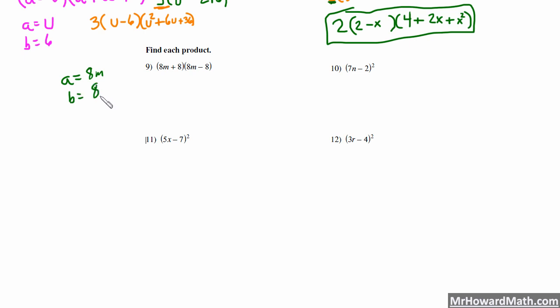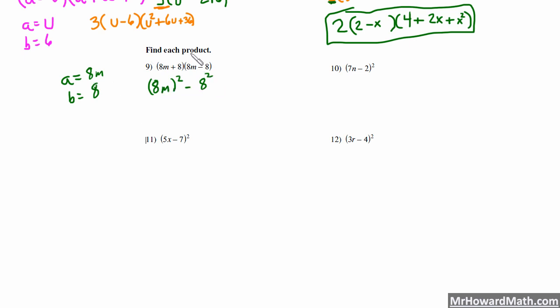And our a plus b, a minus b pattern will turn into the difference of two squares. So it's just going to be 8m quantity squared minus 8 squared. Okay, because it's a squared minus b squared.